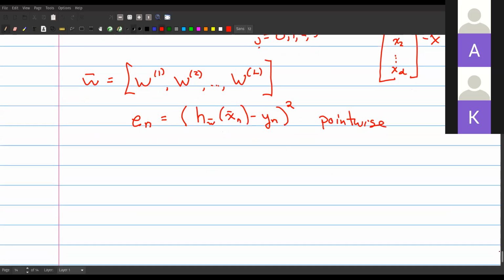So when you're doing mean squared error and most other kinds of error, this would be the average of the pointwise errors.